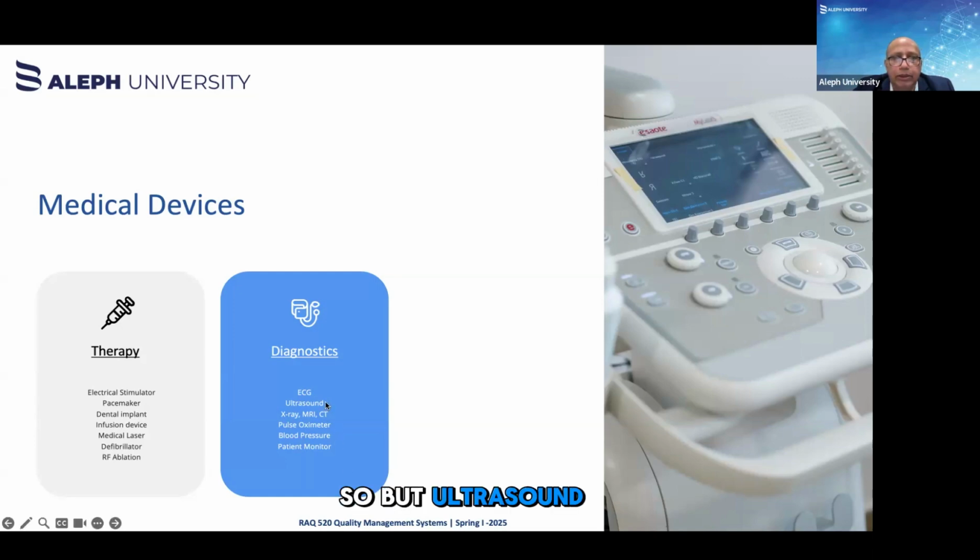Ultrasound systems are used to diagnose many things, and also used to guide, for example, a biopsy needle inside the body.